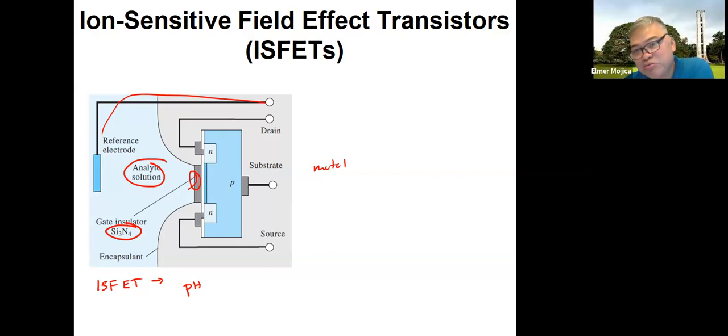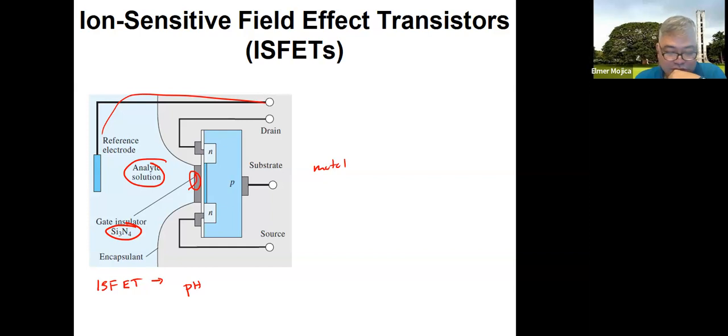Okay, so the protons from the hydrogen ions in the test solution are absorbed on available microscopic sites on the silicon nitride, and any changes in the H plus concentration of absorbed protons will result in what? Electrochemical potential between the gate and the source, which in turn changes the conductivity of the channel of the ISFET.